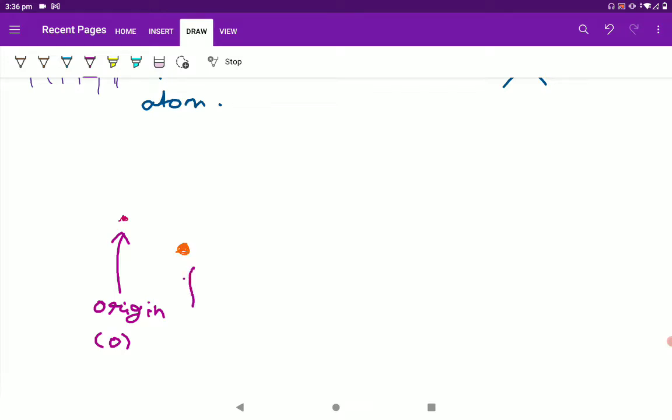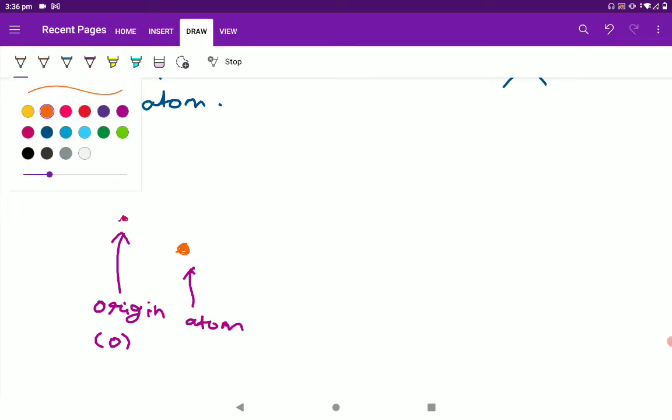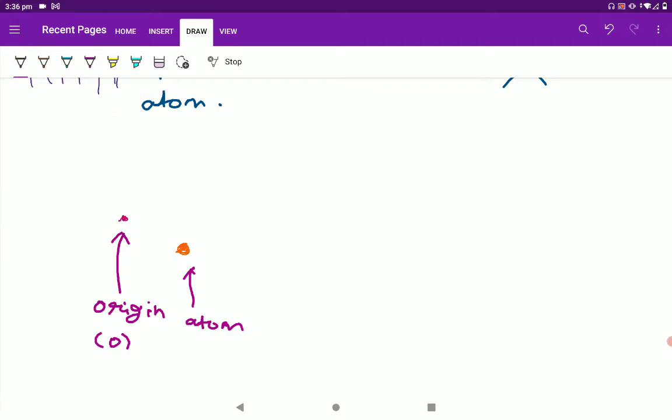This is our atom at position of Bravais lattice, that is the n vector from the origin.